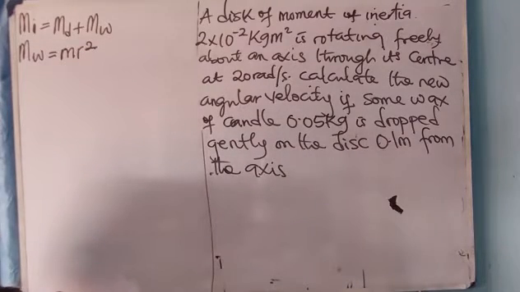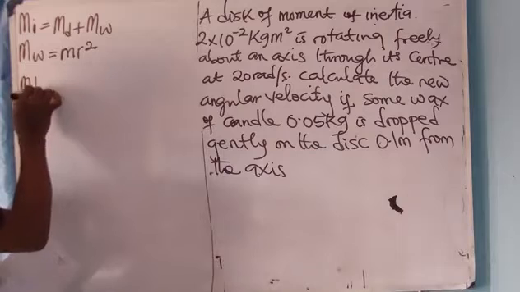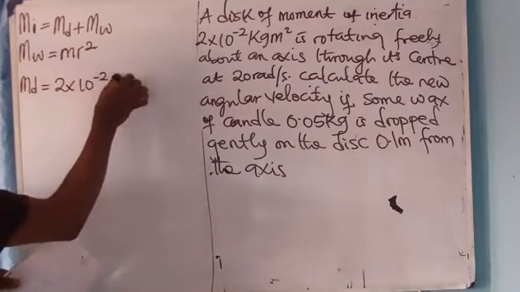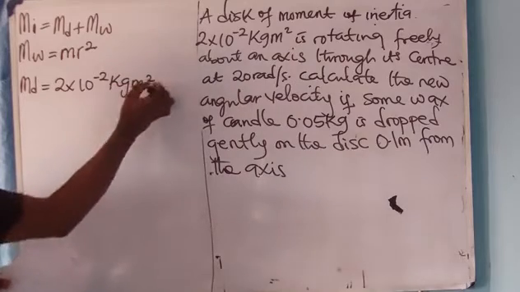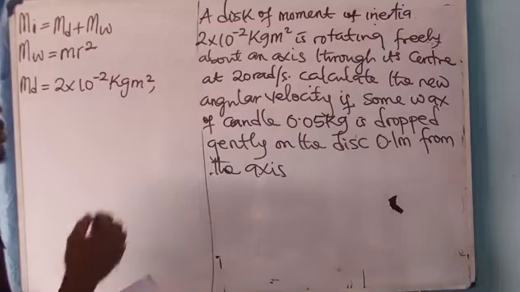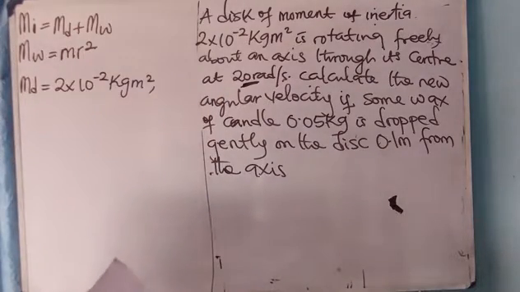Okay, moment of inertia. This is the value of the disk. That is moment of the disk is equals 2 times 10 raised power minus 2 kilogram meter squared. That is for the MD. Please, this one is just there. It's not applied in the calculation.